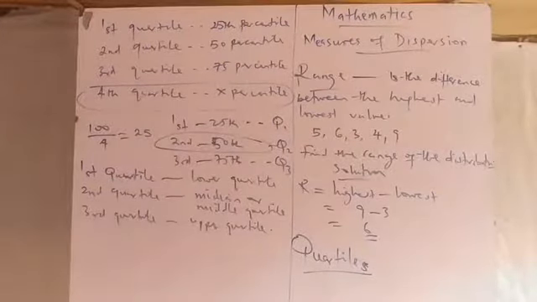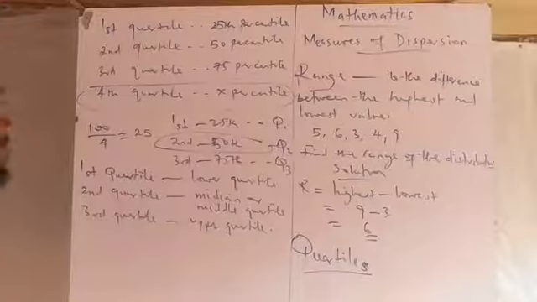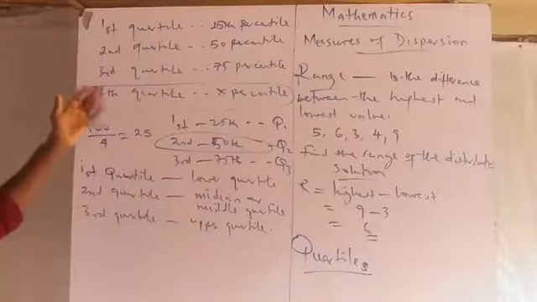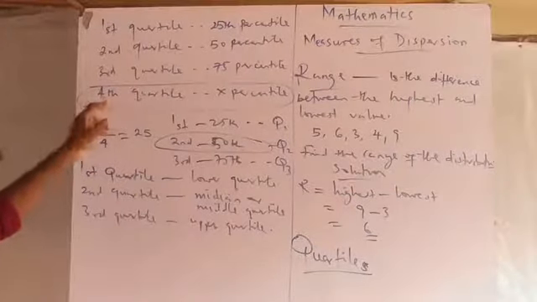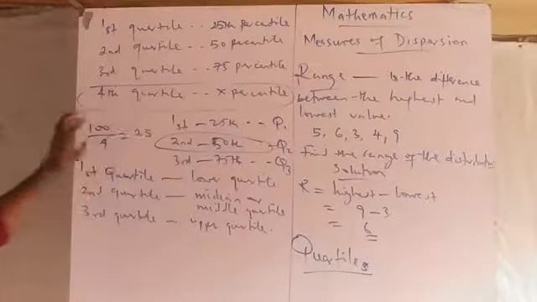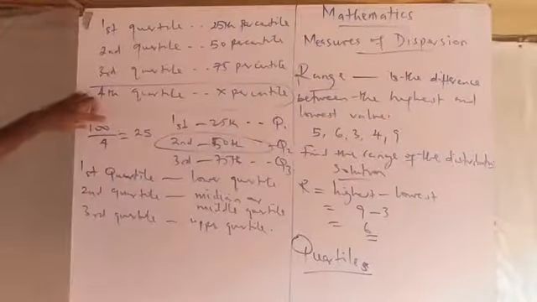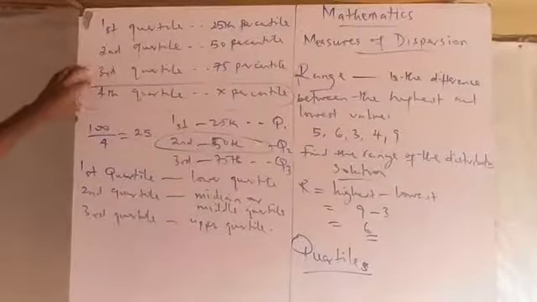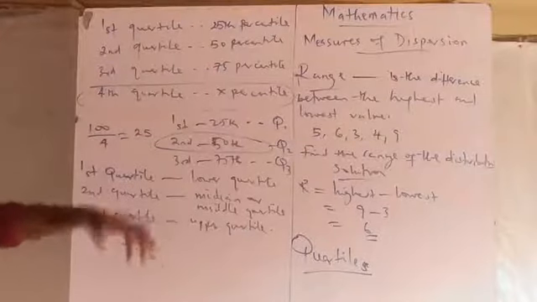If you divide your given distribution into 4 equal parts, you have them in quartile form. We have the first, second, third, and fourth quartile, but the fourth quartile leads us back to 100, so we don't actually consider it in quartile or percentile.